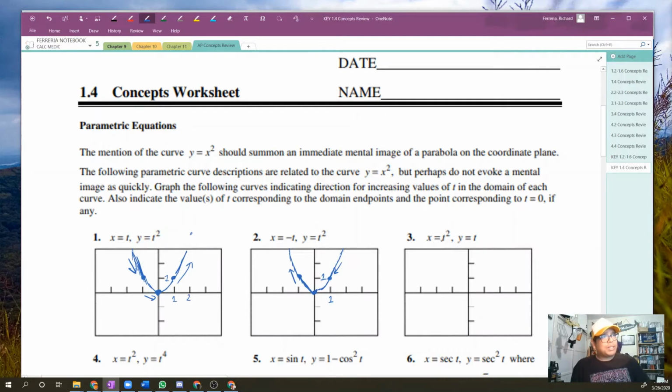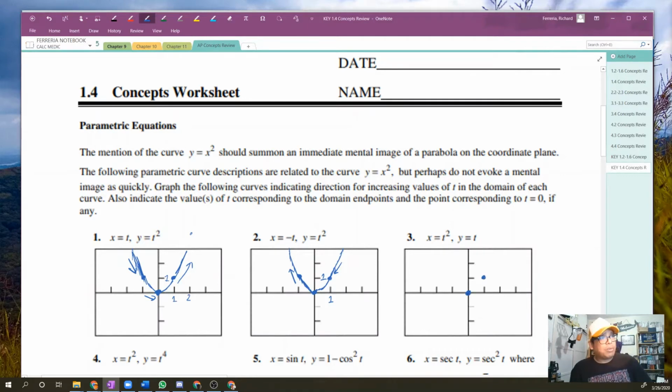Now, when t equals 0, the x-coordinate is 0 and the y-coordinate is 0. When t equals 1, the x-coordinate is 1 and the y-coordinate is also 1.